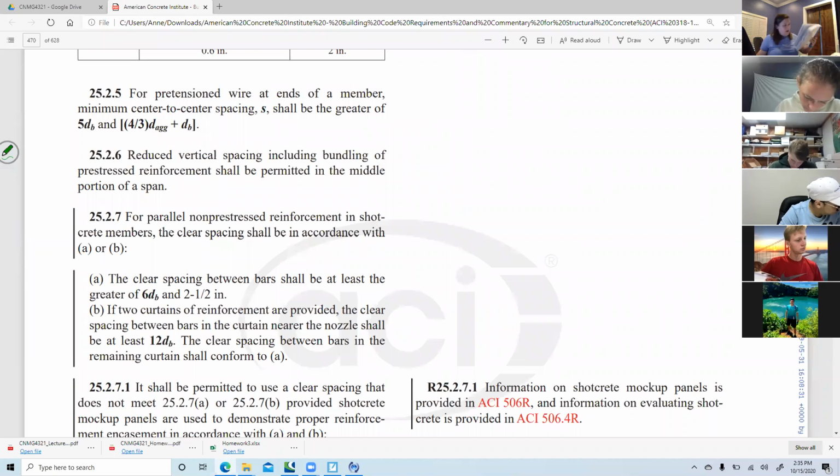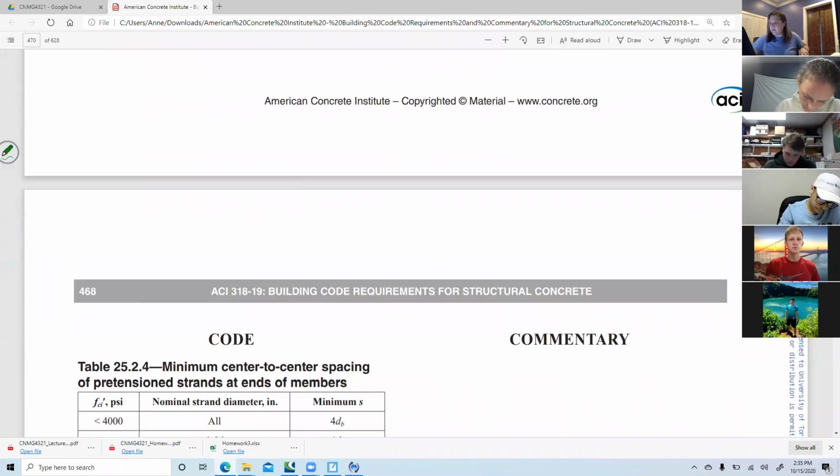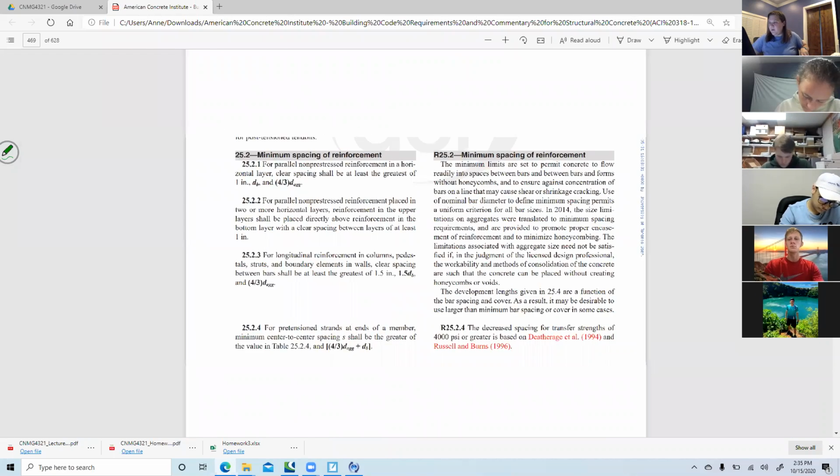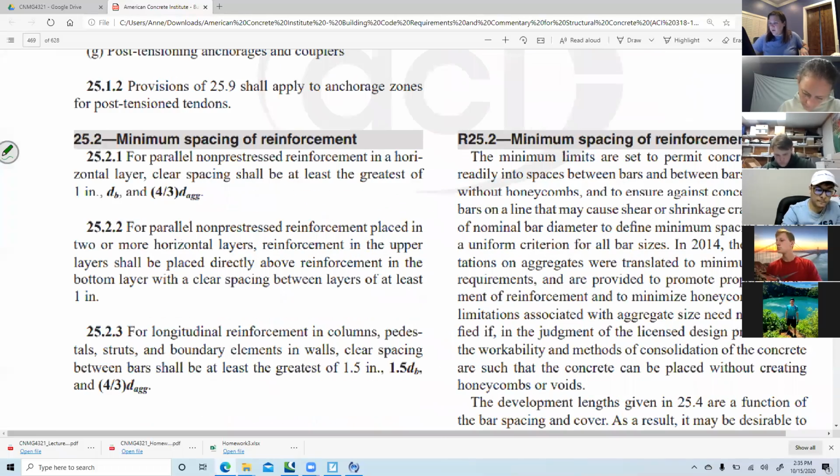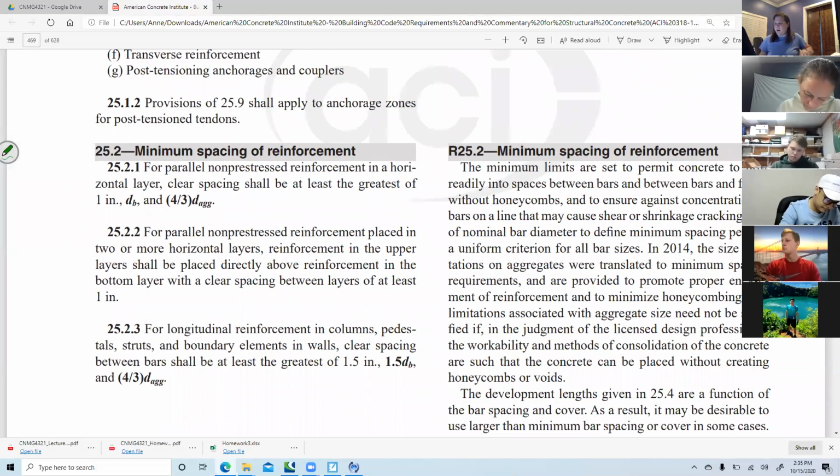it should be on page 467. Minimum spacing of reinforcement. It needs to be the greater of 1 inch, a bar diameter, which would be 1.27, or 4/3 of the diameter of the aggregate.